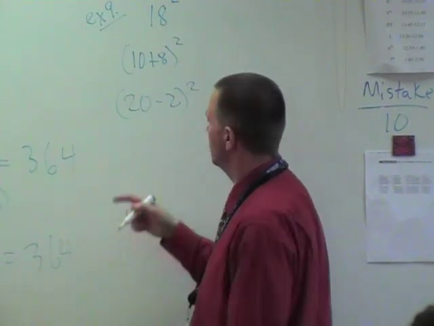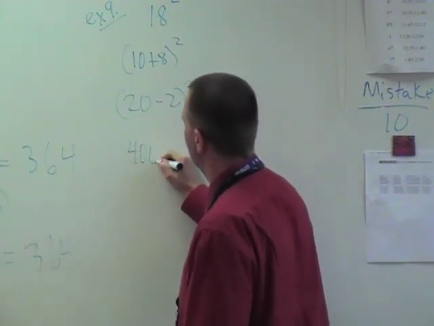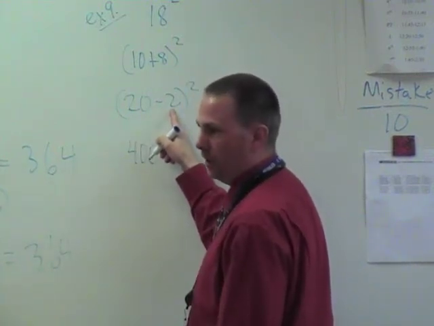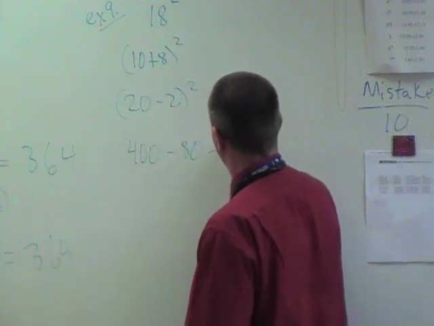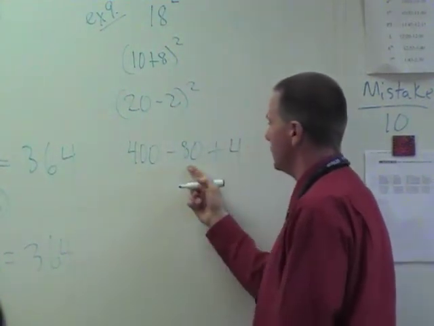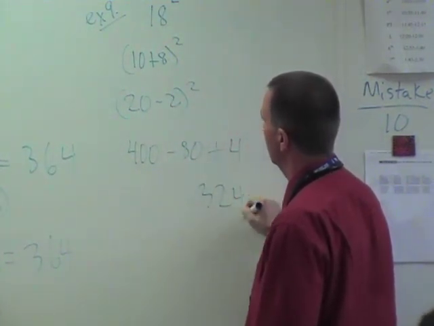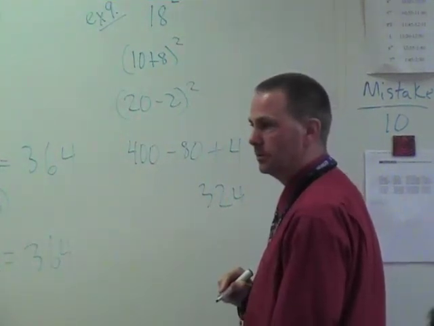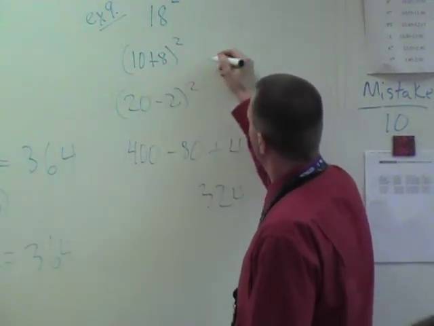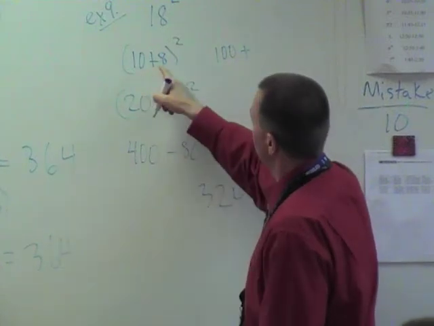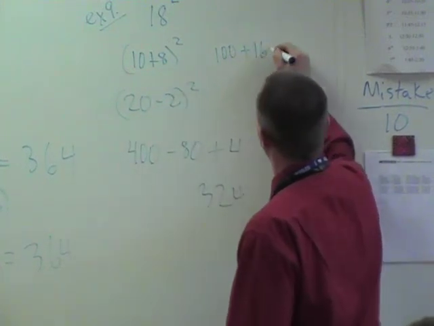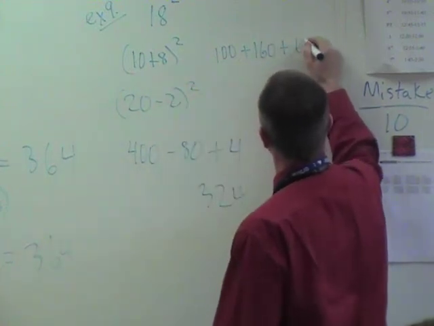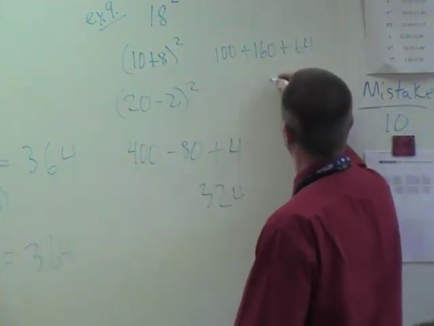Something easy to square, because you have to square 20, that gives you 400. 20 times 2 is 40, times 2 is 80, and 2 squared is 4. That's 324. That is creepy. 10 squared is 100. 10 times 8 is 80, times 2 is 160. 8 squared is 64. 100, 260, 324.